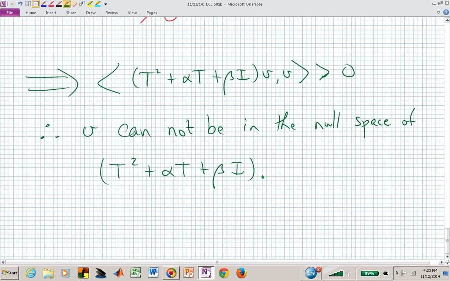And we've now said that with beta and alpha enjoying the relationship that we imposed on them, we now know that v can't live in the null space of that operator.